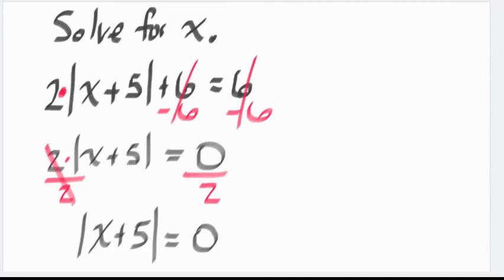It's neither positive nor negative, so you can't do a negative version, a -0 and a +0. That doesn't exist. So in this case, it's just one equation. So there is no splitting because it's equal to 0.